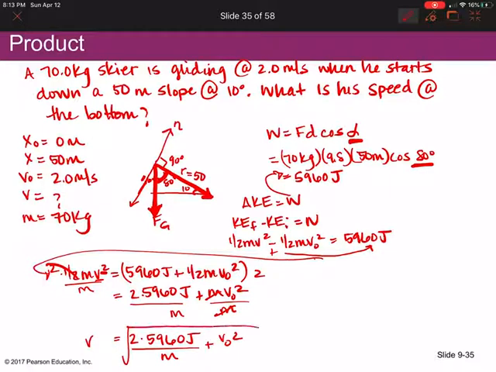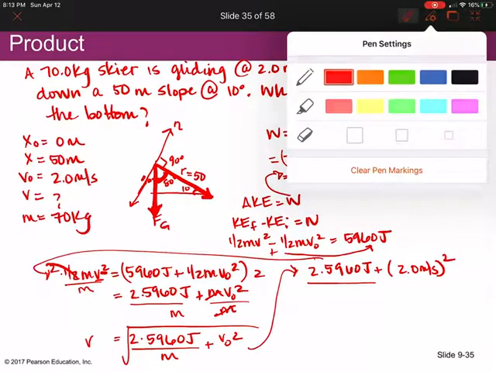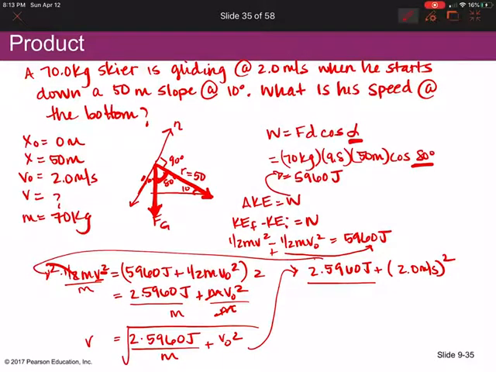And this is still squared, so you have to do the square root of all of that. So if you do 2 times 5,960 joules plus the initial velocity of 2 meters per second, squared, divided by the mass of 70 kilograms, and all of that is under the square root.